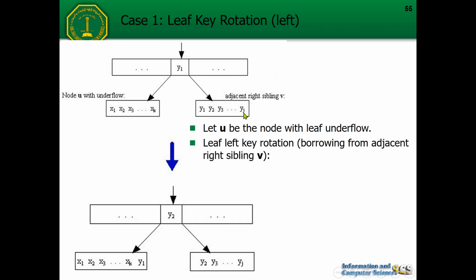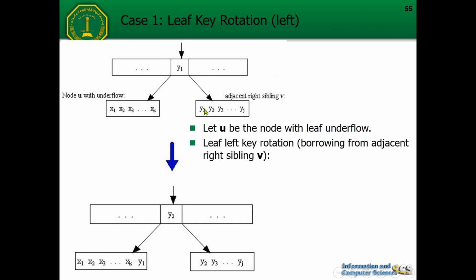In the B+ tree, the keys in the leaf node are sorted in increasing order. So if we want to borrow a key, we borrow the smallest key from the right sibling, then put that as the rightmost key in the left sibling, because we need to keep the order as it is.